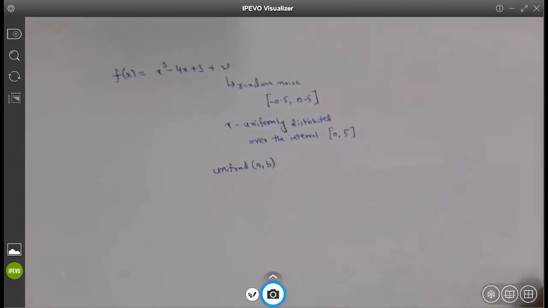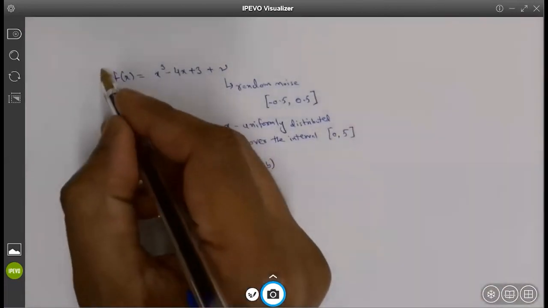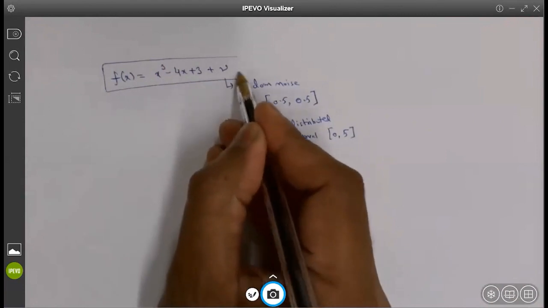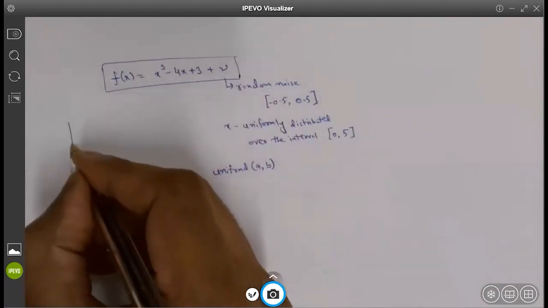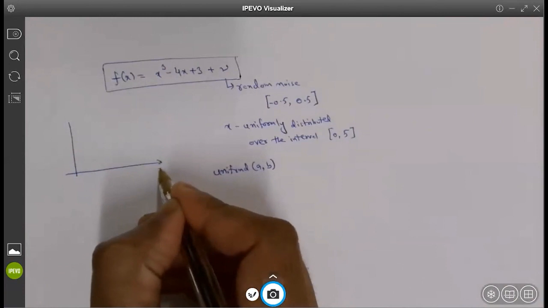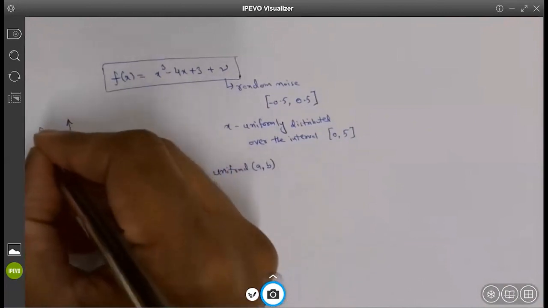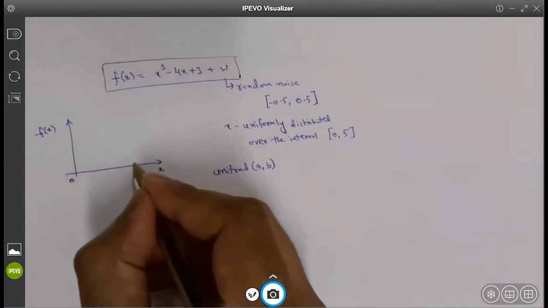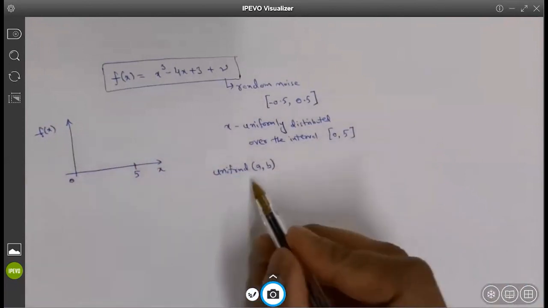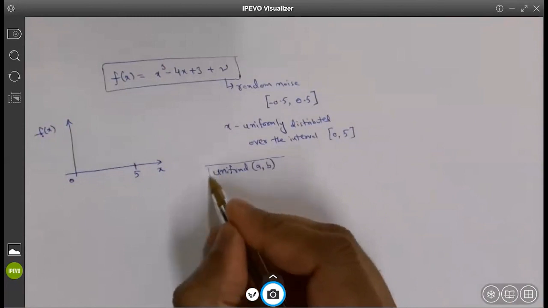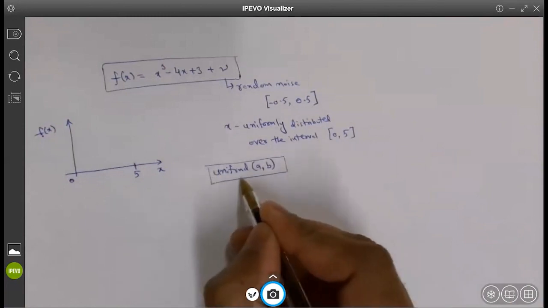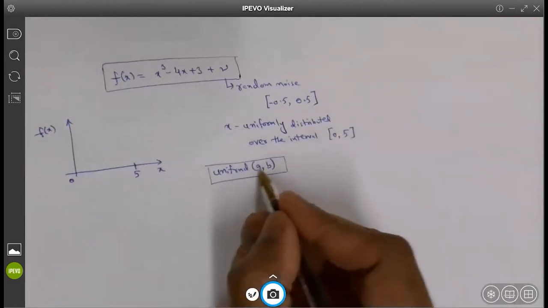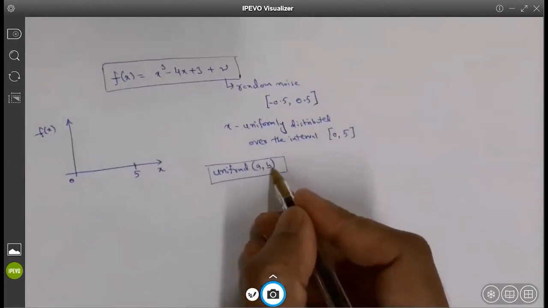That was the function which will generate the data points. The data points will be generated using this function, where nu is a random noise. If you plot x and f of x, which is your y, x goes from 0 to 5, and you can use the MATLAB uniform random command, where A is your lower limit and B is your upper limit.